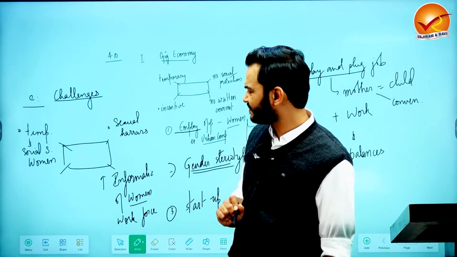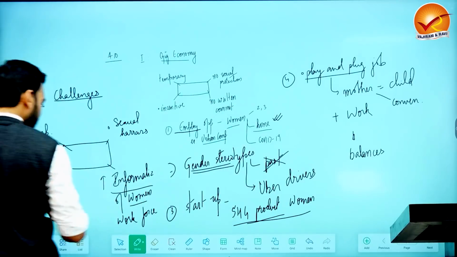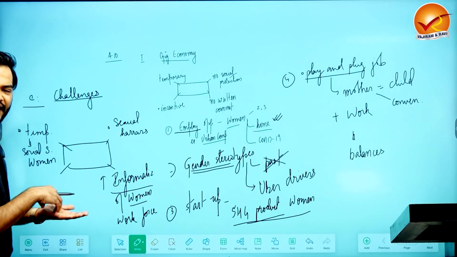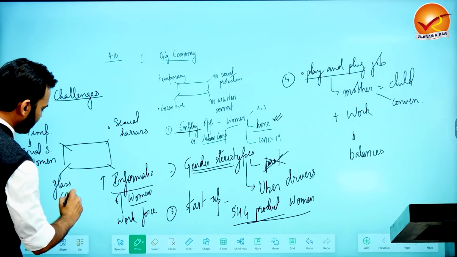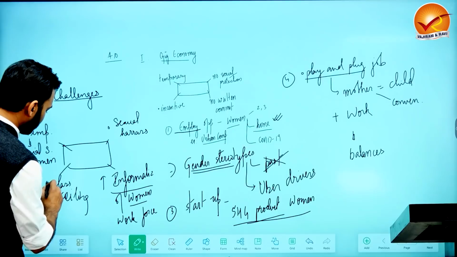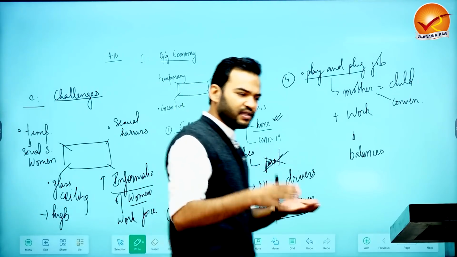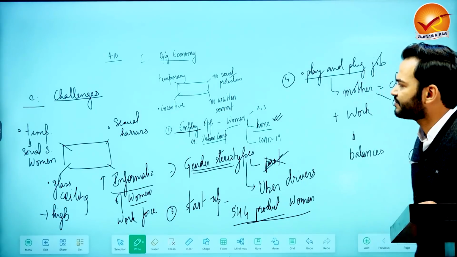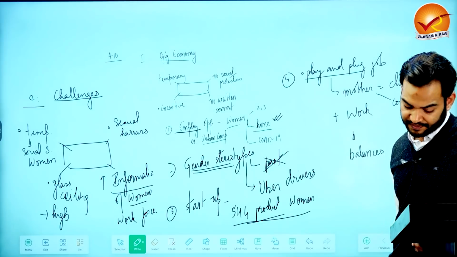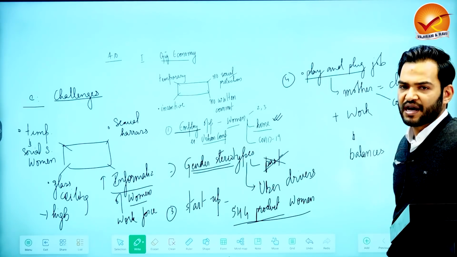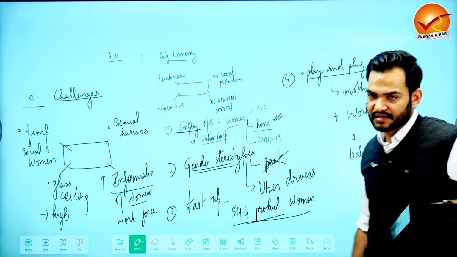This has increased. And the problem with increased informalization is that the woman is empowered only at a very lower level. She is not able to break the glass ceiling. The woman is not able to enter the higher hierarchy. She stays limited within the lower hierarchy itself. So these are some of the challenges which are present with the gig economy. So women empowerment is there, you agree, but there are certain challenges.